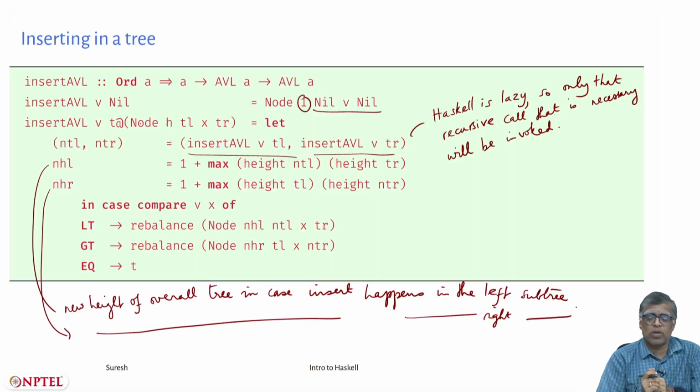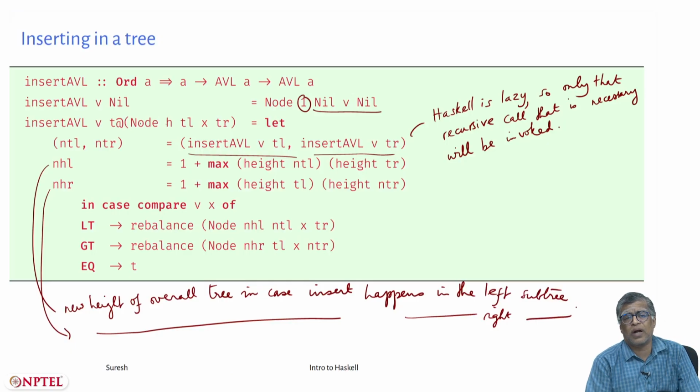Okay, great. So NHL is 1 plus maximum of height of NTL and height of TR, right? And NHR is 1 plus maximum of height TL and height NTR. So this is the case when the insert is happening in the right subtree. This is the case where the insert is happening in the left subtree. Okay, fine. So these are all my local definitions.